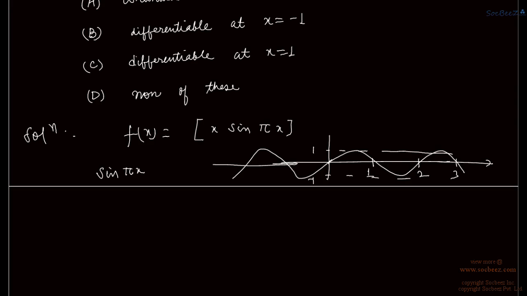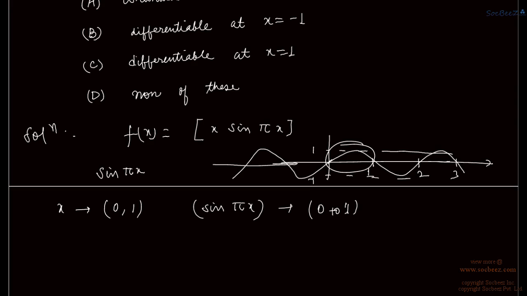Okay. So say if x lies between 0 to 1, then sin pi x also lies between 0 to 1. Why? Because in 0 to 1 it is between 0 to 1, right?